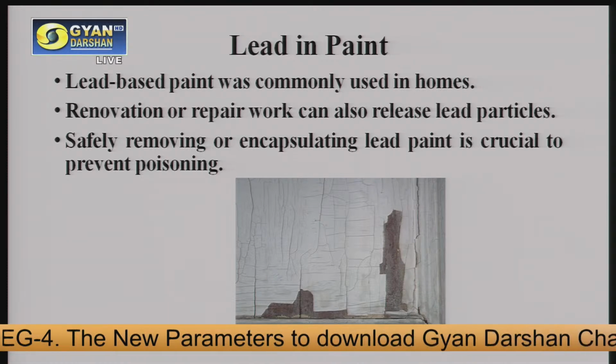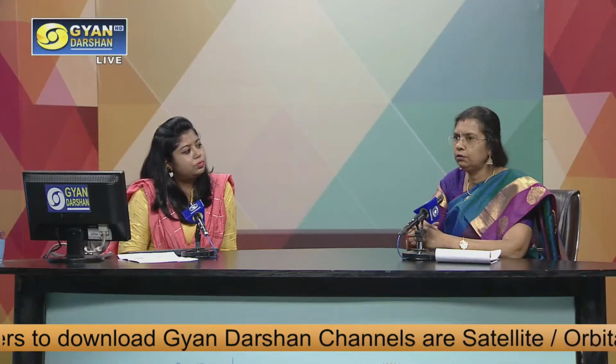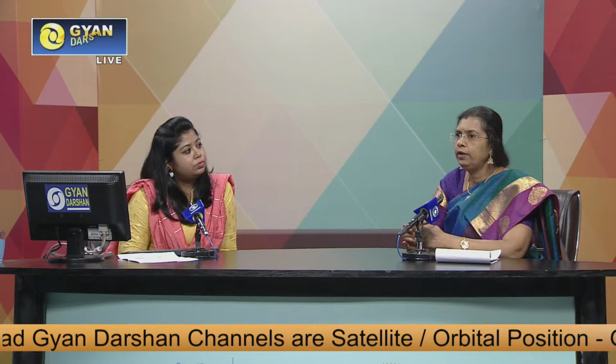So just when you're talking about the lead which is present in the food products, how do we actually know that there is lead in the food? You said that when you test a product, only then you know, but how can a person be aware? For example, I think there was something related to noodles all over globally, which had a higher lead content, and that made the noodle content also sweeter.